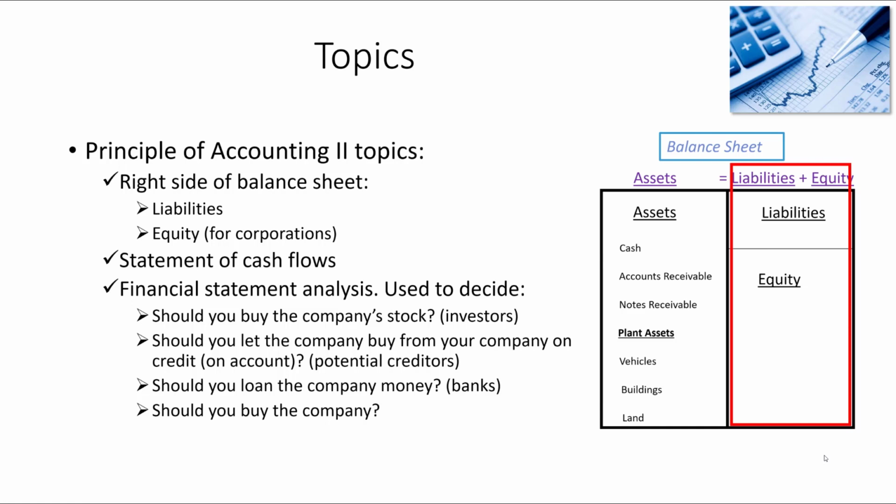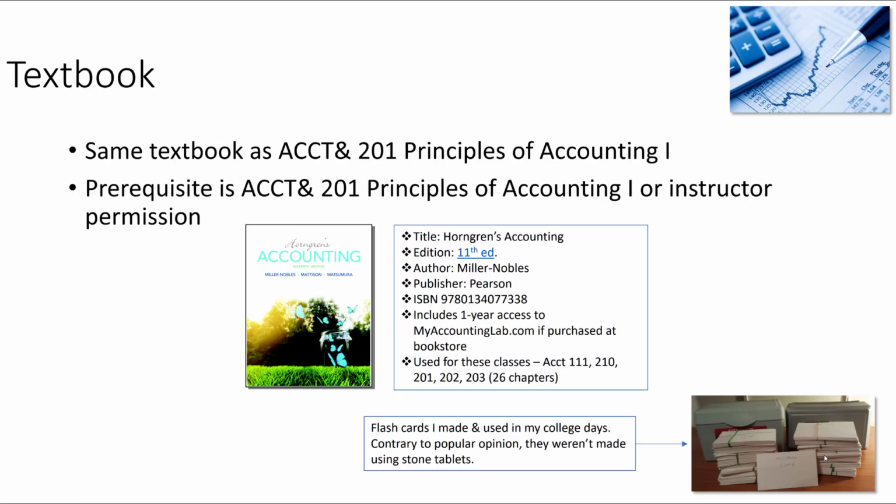Let's talk about the textbook next. We'll be using the same textbook we use for Principles of Accounting 1. This book is also used for Principles of Accounting 3 and Intro to Accounting 1 and 2. We'll also be using myaccountinglab.com for homework and tests. More on that later, but if you buy the book new from the college's bookstore, you get 12 months of access to myaccountinglab.com.